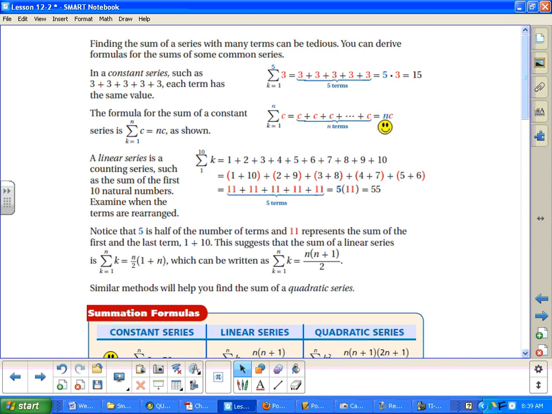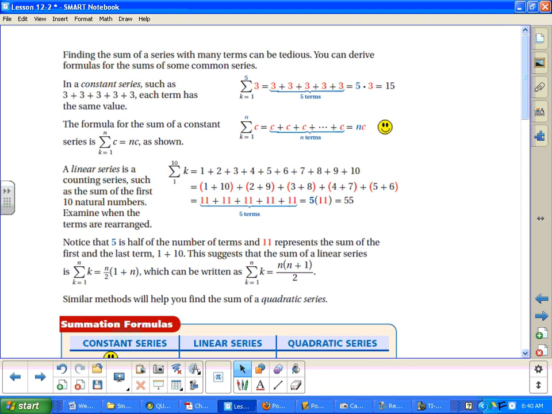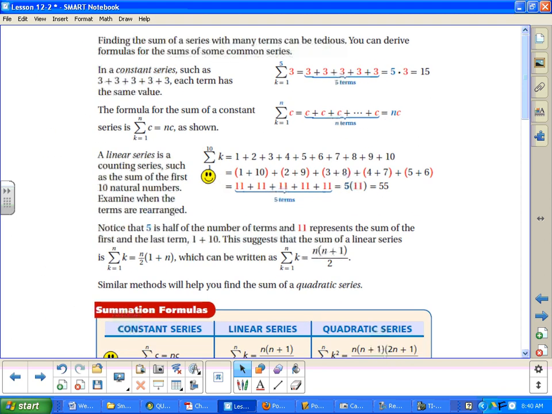Or if we had a linear series, a linear series here as k goes from 1 to 10 of just the value of k, which means all I'm doing is adding the numbers 1 through 10 together. And they use that to develop a formula here to be able to do a linear series.